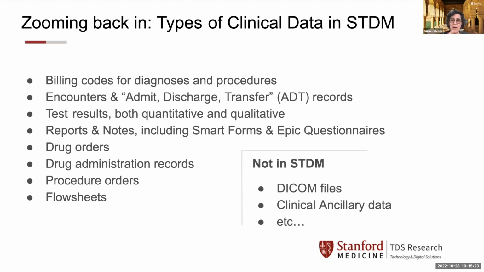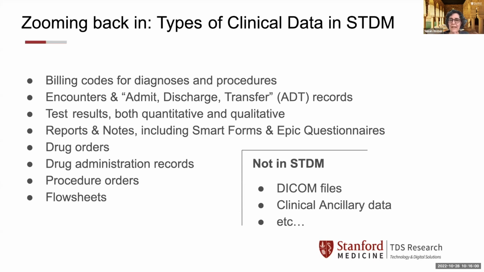We have test orders. We have a lot of notes, documentation, a lot of free text, clinical documentation, procedure reports. We even have smart forms, and as of next week, we will have EPIC questionnaires. We've got medication orders, which is all we know about outpatient medications. We have inpatient drug administration records. So it's really a very broad swath, but I think the point of this slide is that it's not comprehensive.